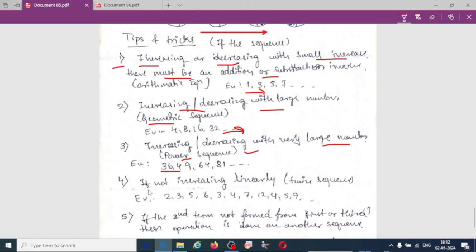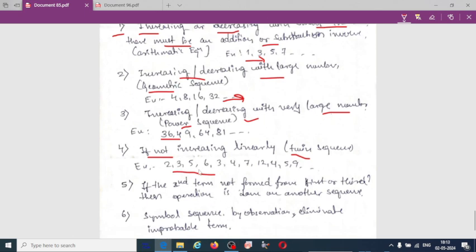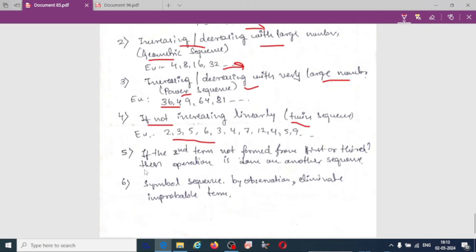Next, if the sequence is not increasing linearly, then you can guess it as a twin sequence, because a twin sequence involves the sum of two sequences. At that time you can easily guess that it is a twin sequence. Here is an example, you can try. The next tip or trick is, if the second term is not formed from the first or third, then the operation is done on another sequence.